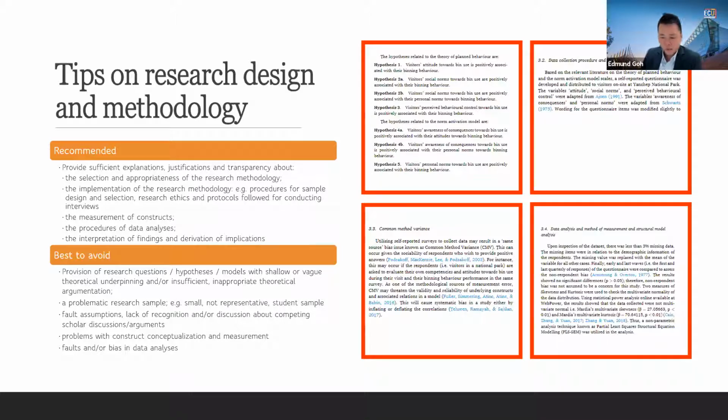But the big question I always ask, especially if there's any SEM or quantitative paper that comes to me, is how were the constructs actually developed? Was the construct actually tested? For example, through a factor analysis, you have to ensure that it actually fits your study.